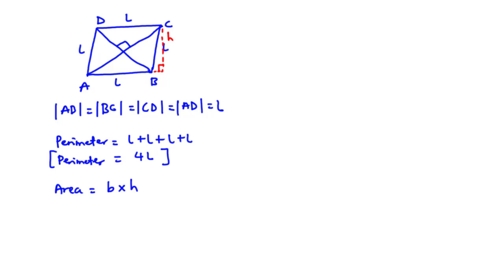So if you want to find the area of a rhombus, you can use the formula area equals the base length times the perpendicular height, or better still, you can use a different formula which says that the area of a rhombus is given by half times the product of the diagonals. So that is the side AC times BD. So that is half times the product of the diagonals. That is one form of finding the area of a rhombus.